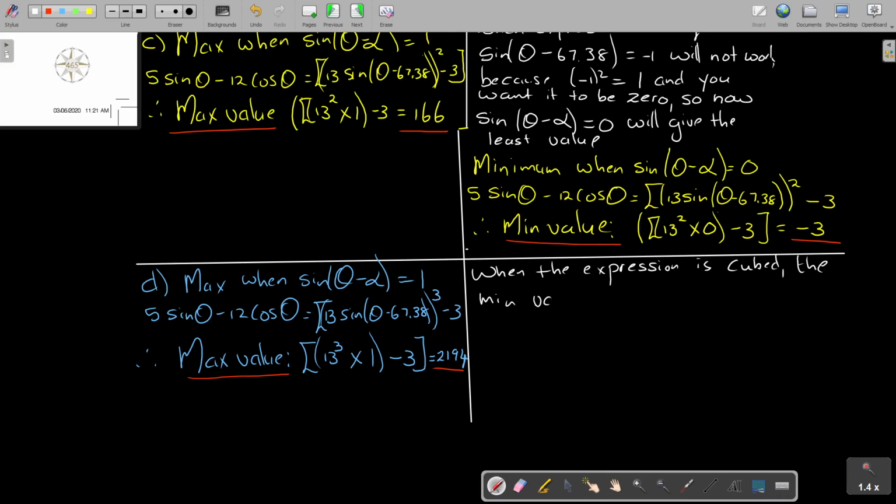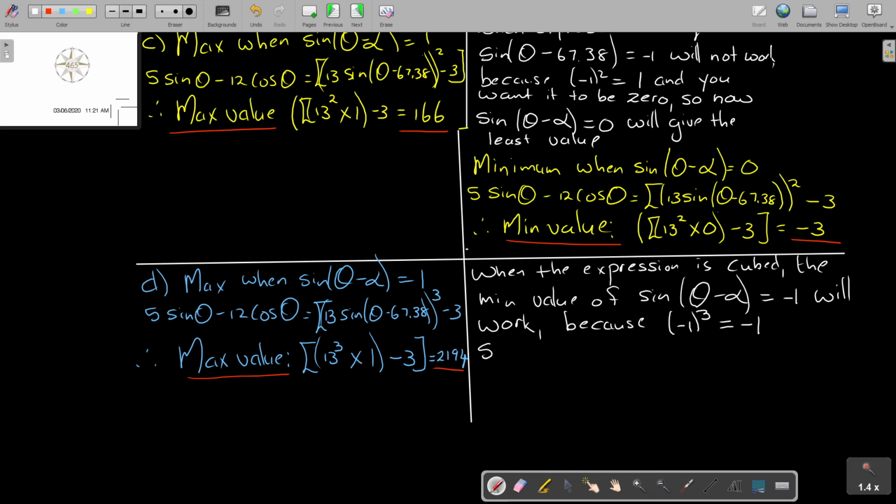the minimum value of sin theta minus the acute angle can be negative 1 again. It will work. Why will it work? Because if you take negative 1 and you cube it, you will still get negative 1.